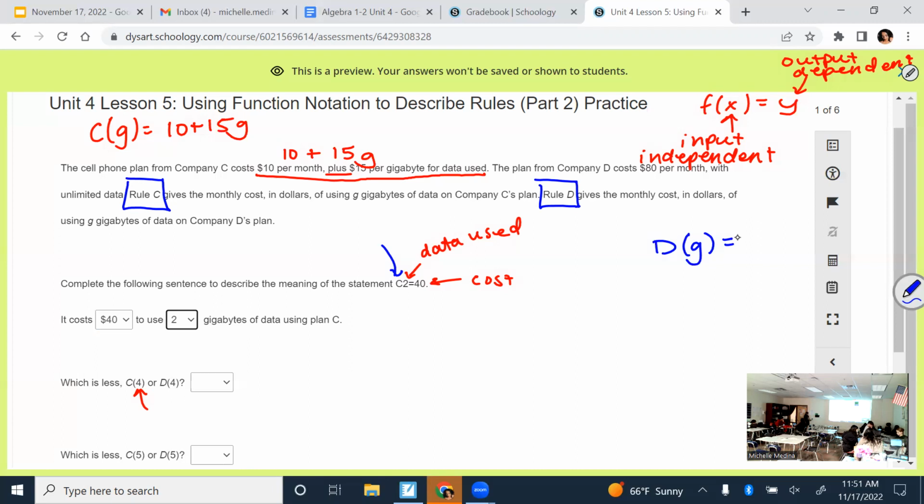All right, if my output is cost in 1 month, and so far it's 80 per month plus unlimited data, what contributes to the cost?